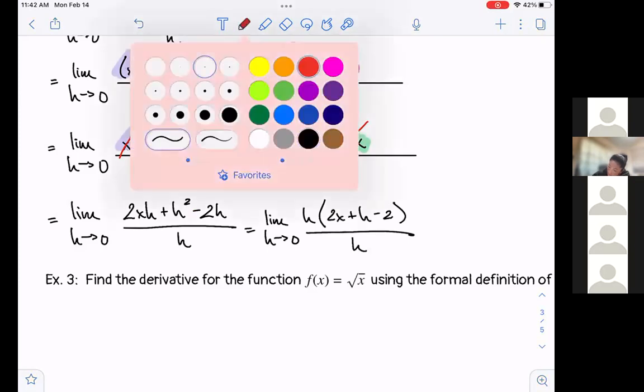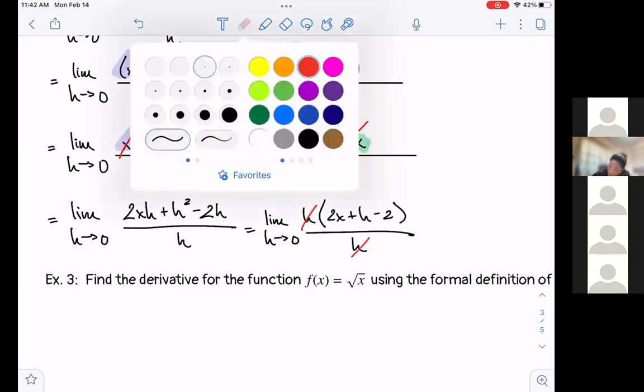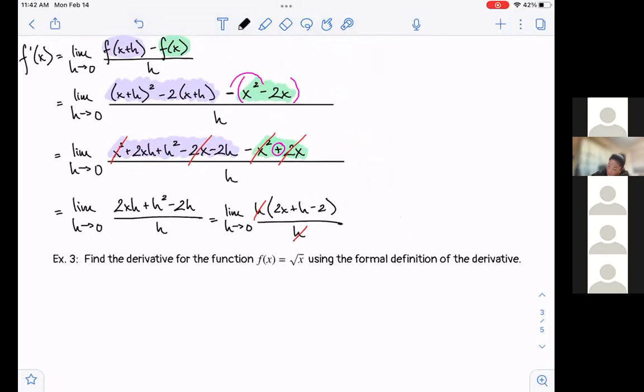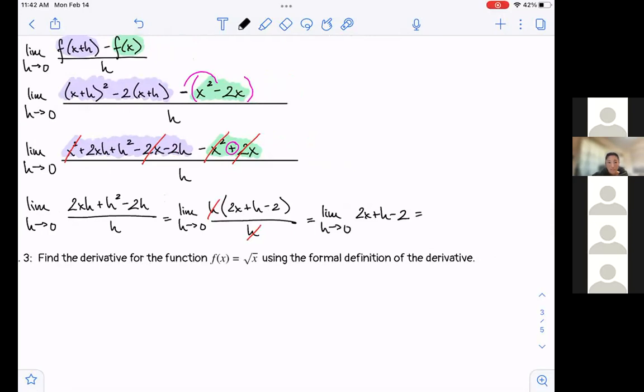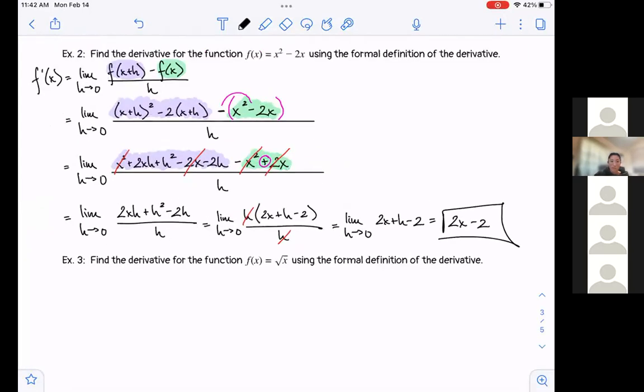Factor that h out, reduce, and now we get to plug in 0 again and see what happens. And so when we plug 0 in this time, no problems. We get 2x minus 2.